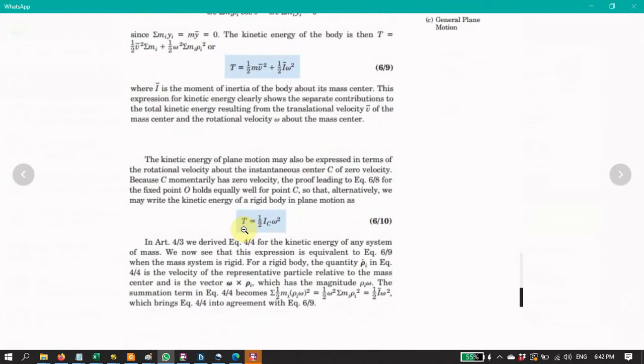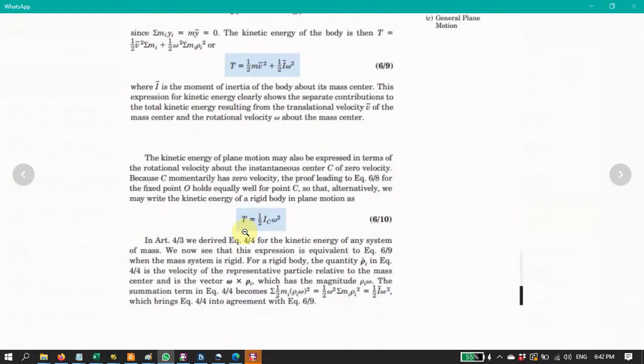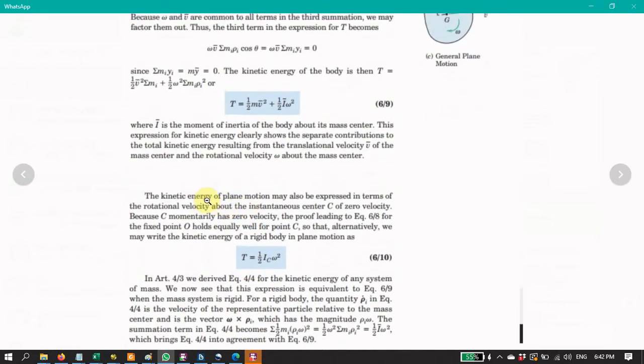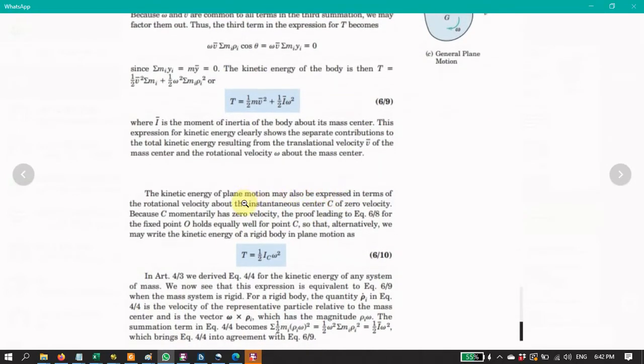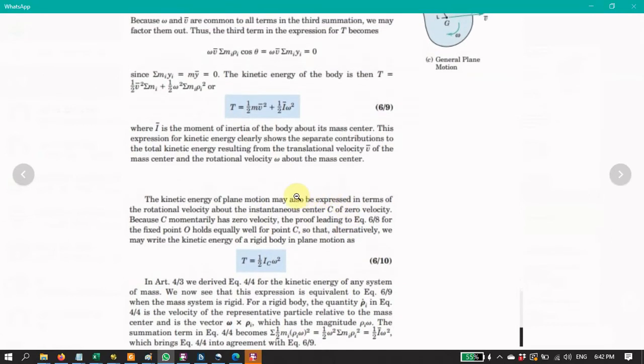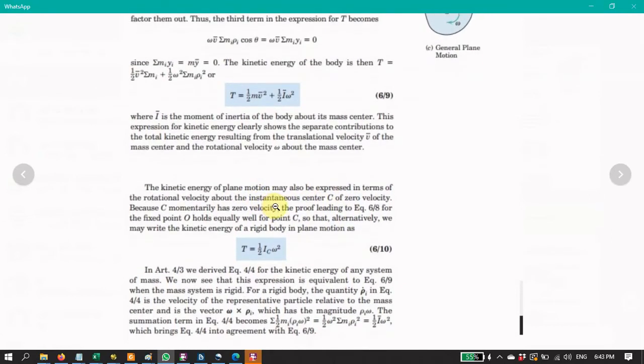The kinetic energy of plane motion can also be expressed in terms of the rotational velocity about the instantaneous center of zero velocity. The concept of instantaneous center of zero velocity was also mentioned on the same day that I gave you the quiz describing angular motion.